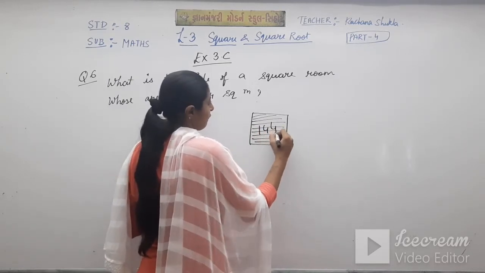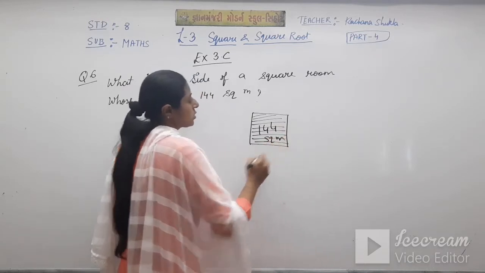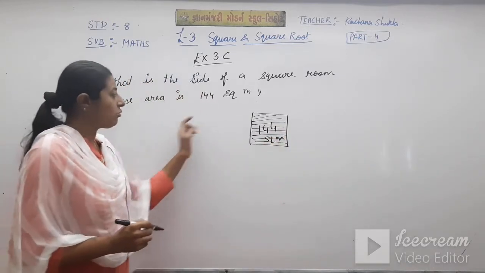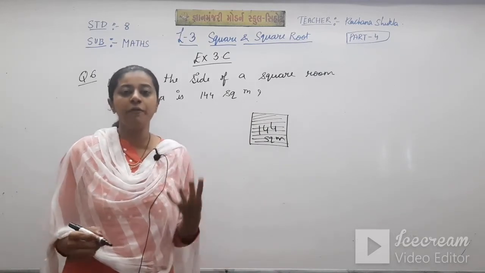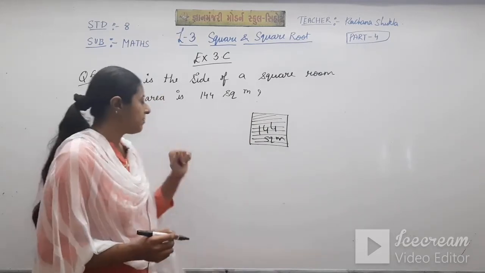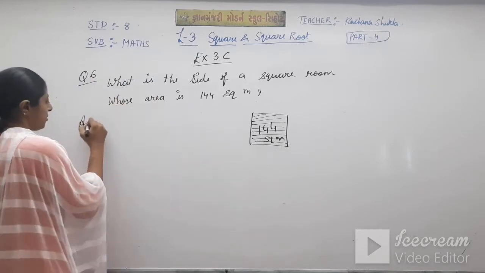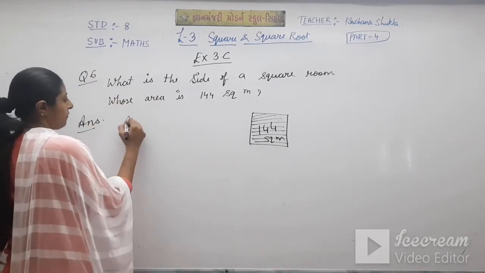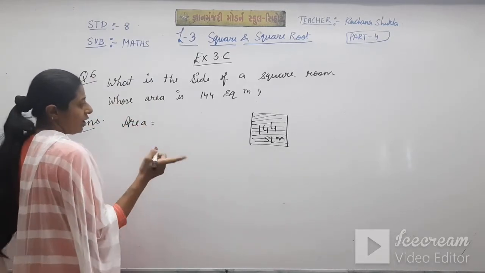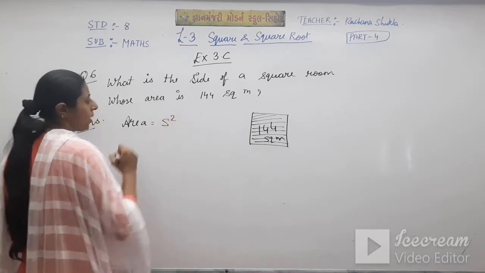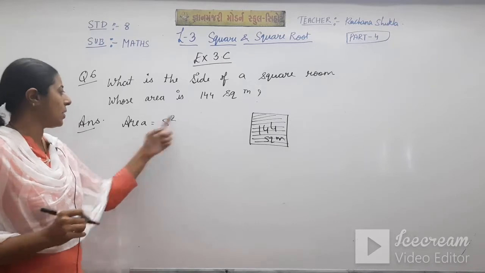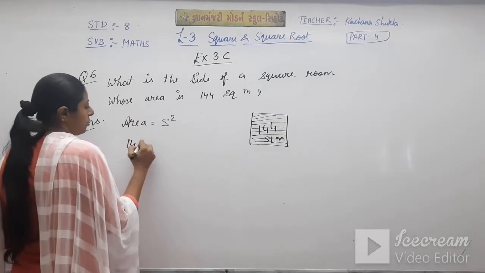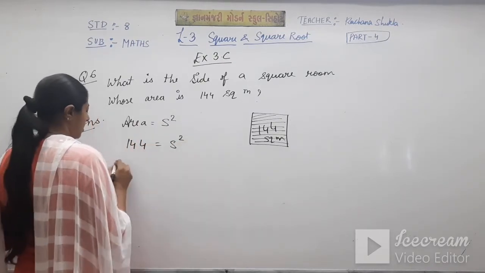This is 144 square meter area. You have to find out the side. In a square all four sides are the same. So the formula of area of a square is s square. Area is equal to s square. So 144 is equal to s square.